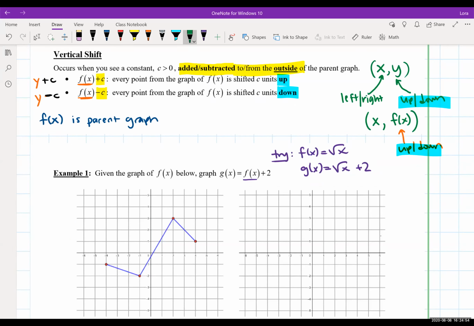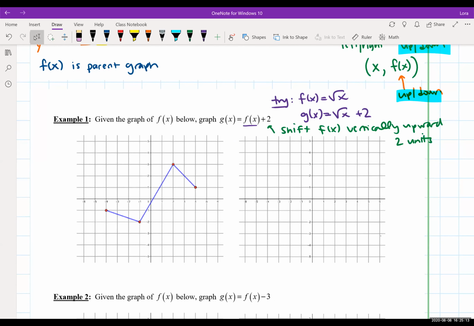The plus 2 is basically telling me to shift f of x vertically upward 2 units. So when you shift vertically upward 2 units, your y values will change.